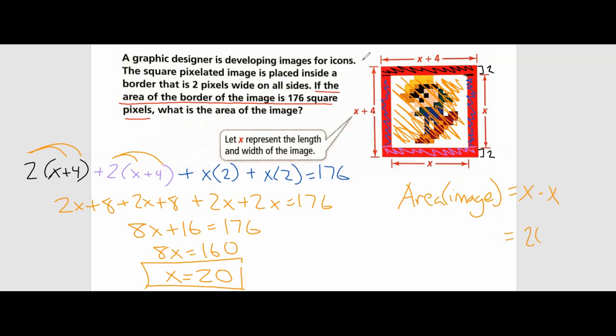That's going to be equal to 20 squared, or 20 times 20. That's going to be equal to 400 square pixels. So a couple different steps here, but we're just setting up equations for areas of rectangles, adding them together, and then doing some simplifying and solving.